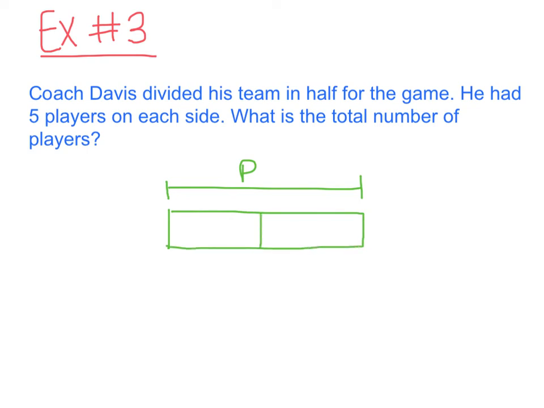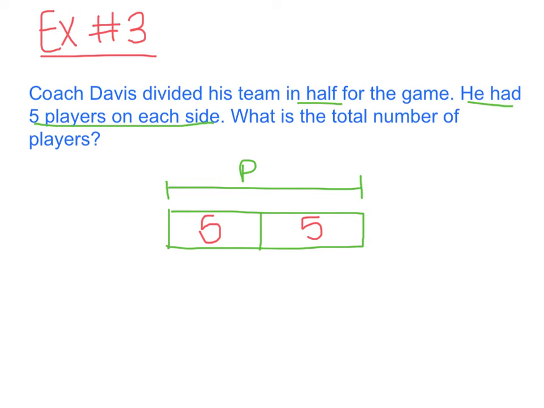So we're only going to have 2 boxes for this one, because it says he divided them in half. And it also says he has 5 players on each side. So in each of the boxes, we're going to put 5. 5 players on one side, 5 players on the other side. So there's our picture. Now we need to write our equation.